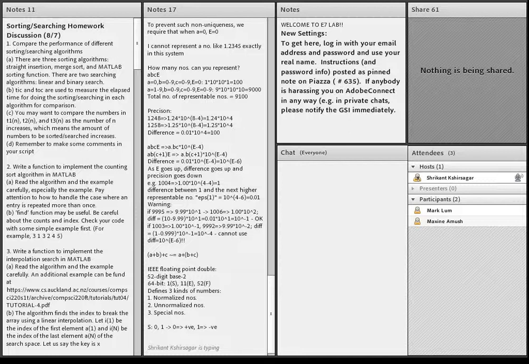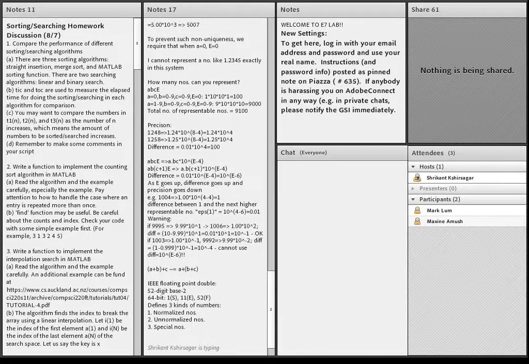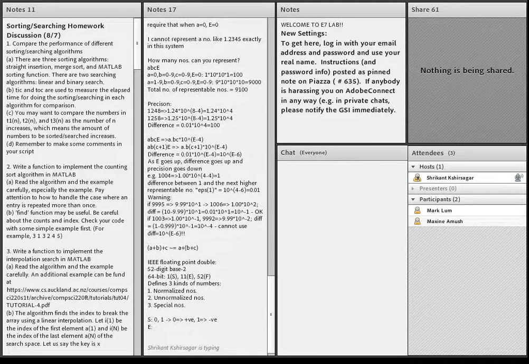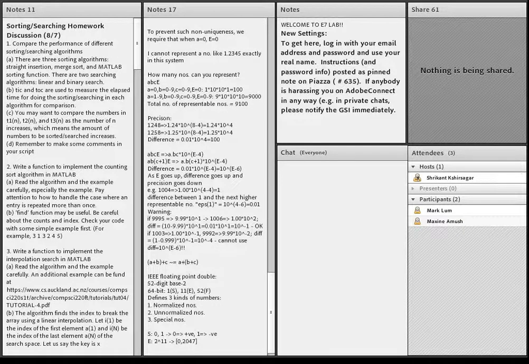Okay, so only 2 values for sign. The exponent can take 0 or 1 in each of the 11 places, right? So it can take 2 raised to 11 values, starting from 0 all the way until 2 raised to 11 minus 1, which is 2047. So it can take integer values between this range, 0 to 2047.